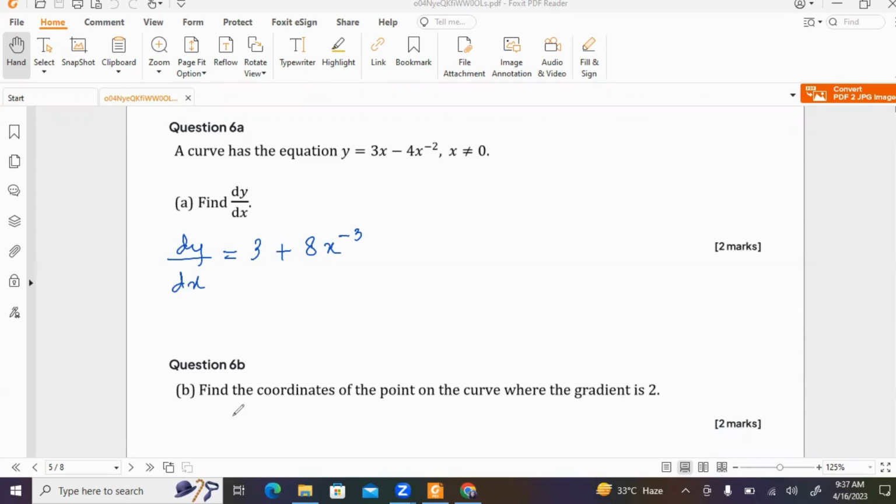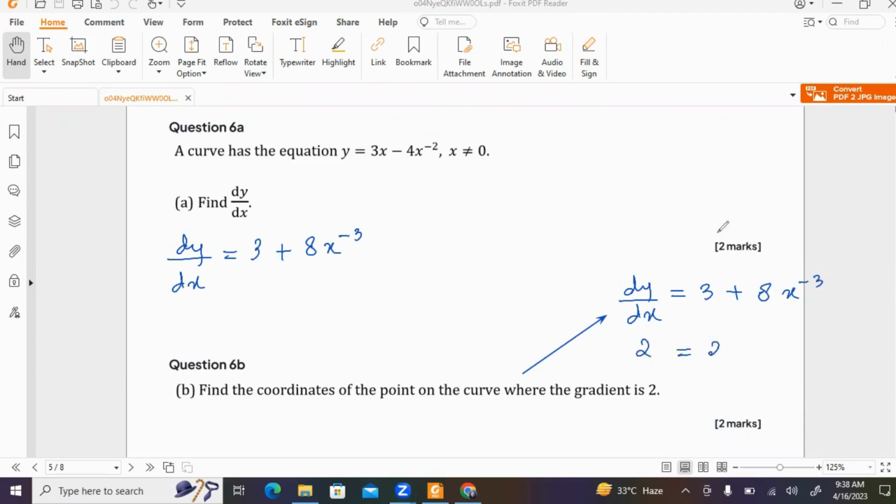So in order to find the coordinates where the gradient is 2, dy by dx equals 3 plus 8x to the power of negative 3. This equals 2.